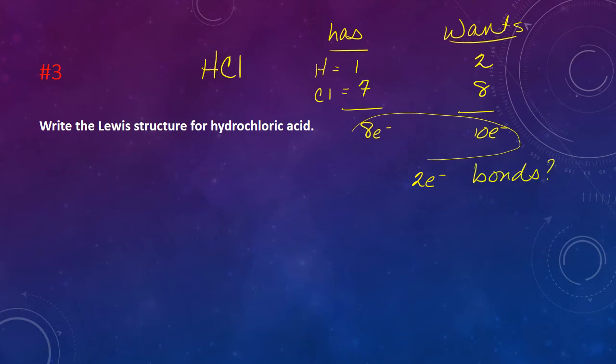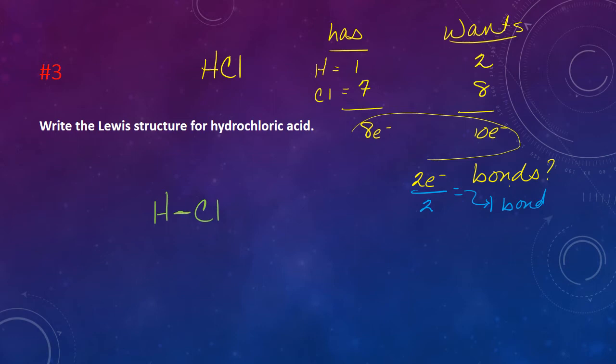And because there's 2 electrons in every bond, I'm going to take the number of electrons left over and divide that by 2. So that's going to equal 1 bond. So now I know hydrochloric acid has 1 bond. I can go ahead and draw this molecule with 1 bond.